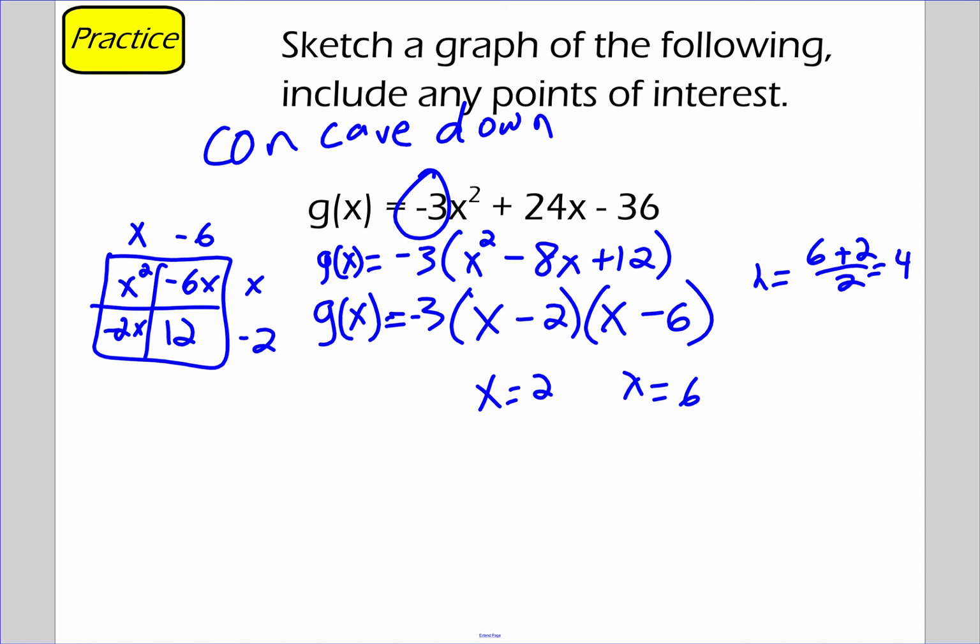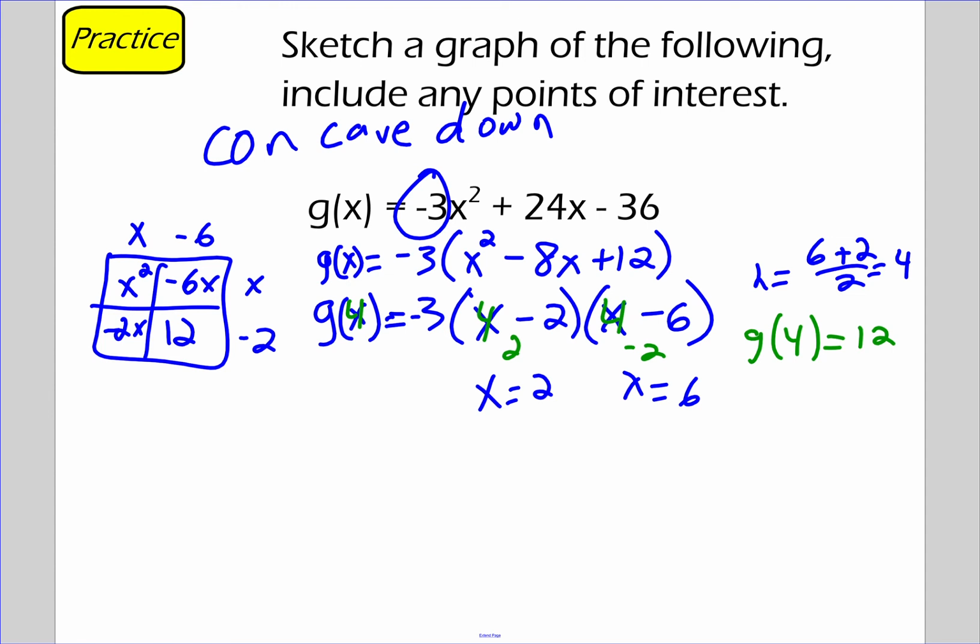Now I can plug 4 into my function here. So 4 minus 2 is going to be 2. 4 minus 6 is -2. So we have 2 times -2 is -4 times -3. g of 4 is going to be +12. So there's our vertex.